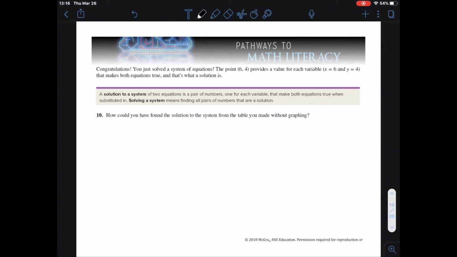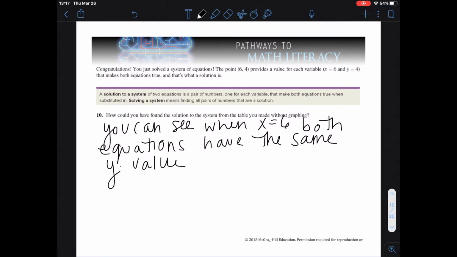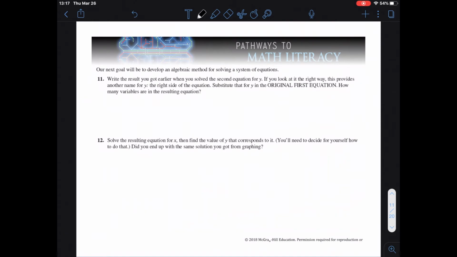But from the table, you can see when x equals 6, both equations have the same y value. So we didn't need to go through graphing in that process.